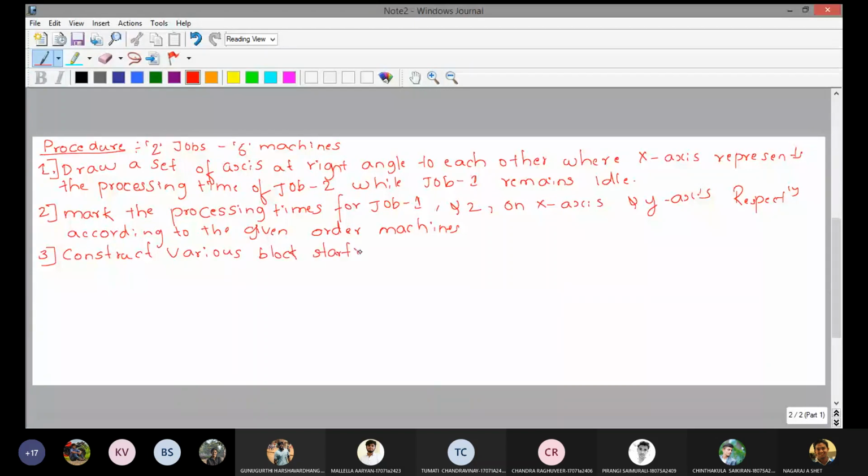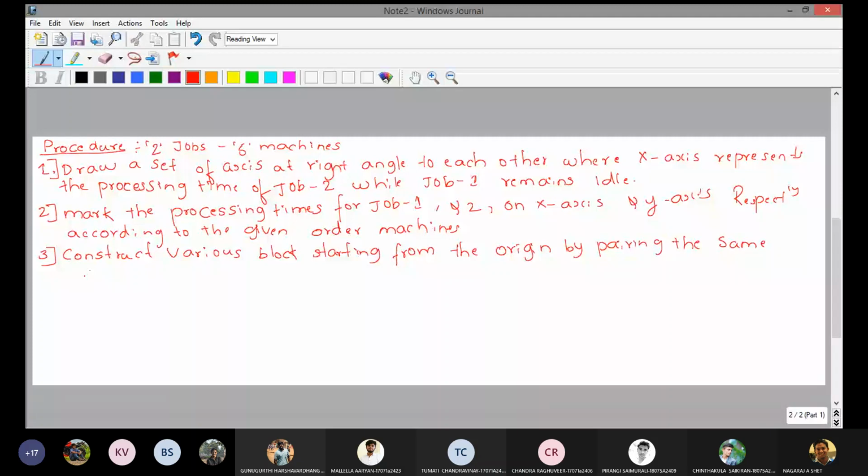Initially, we have to understand how we need to block the diagrams. Also, sometimes the x-axis and y-axis coincide, and that point is reached in this problem. So please compare, starting from the origin, and pairing the same machines. I said construct the various blocks starting from the origin and pairing the same machines.